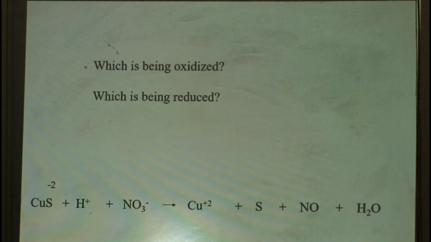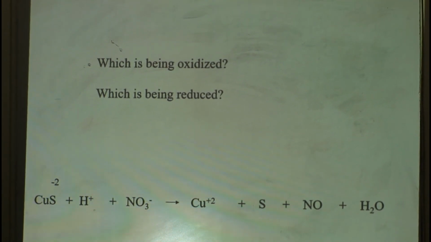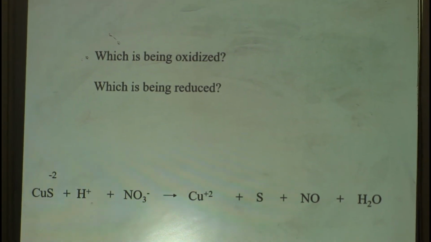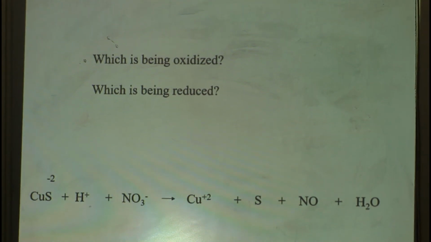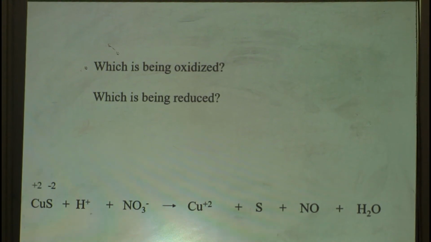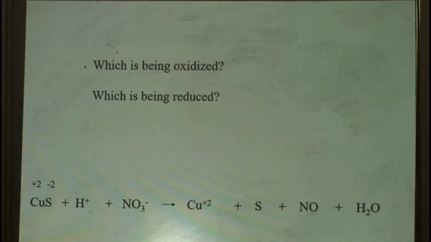The copper sulfide, hydrogen plus nitrate, to give copper 2 sulfate, nitrogen dioxide, nitrogen monoxide, then water. Let's look at the oxidation states: +1, +5, 2, 0, 2, 2.